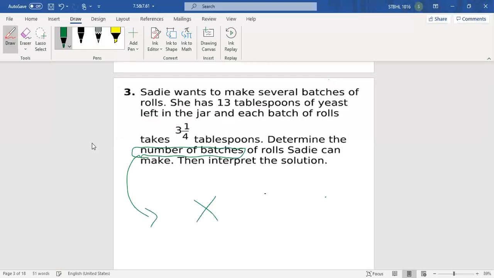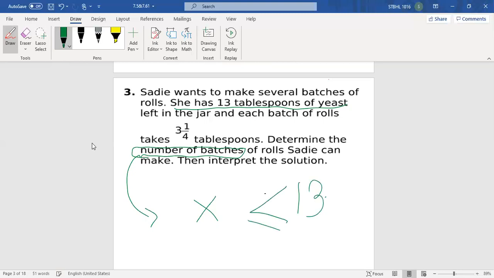Okay. Now she has 13 tablespoons, which means what? She has a maximum, right? So 13 tablespoons is the maximum number of tablespoons that she had. How can I represent maximum by an inequality sign? Less than or equal to. Great.